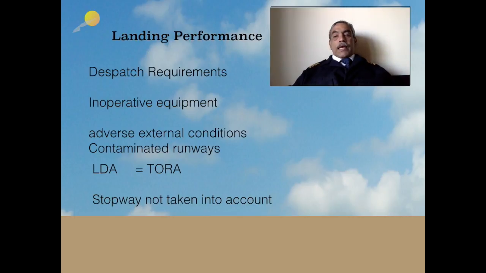But if there are some failures in the aircraft, some equipment not working, such as a set of air brakes not working or auto brake on one side not working, and the aircraft were to be dispatched with that condition, there could be penalties, and the dispatcher may have to check it thoroughly before undertaking the aircraft on dispatch.